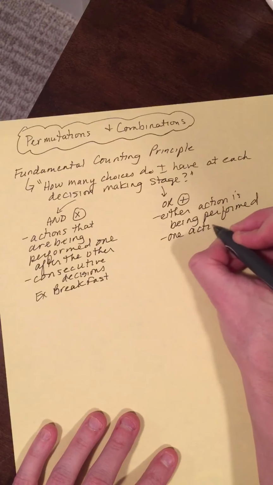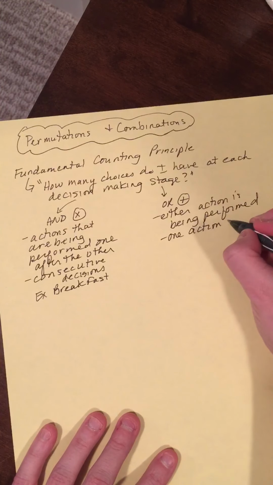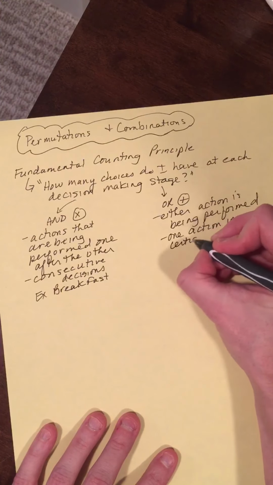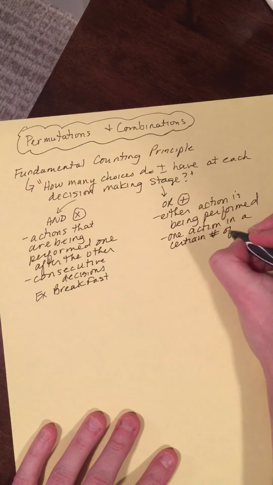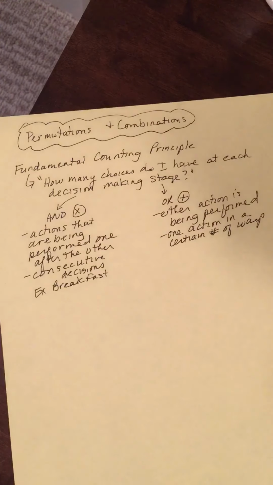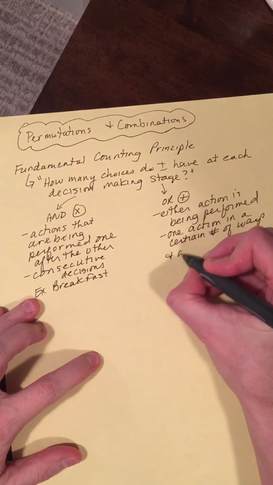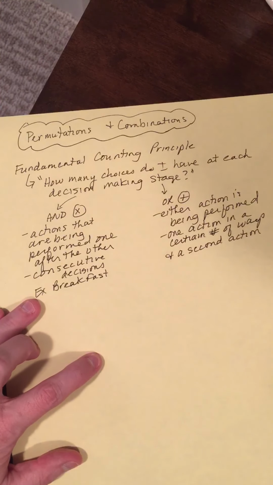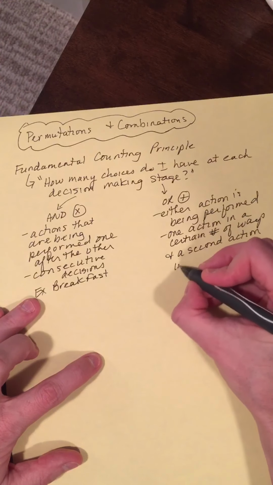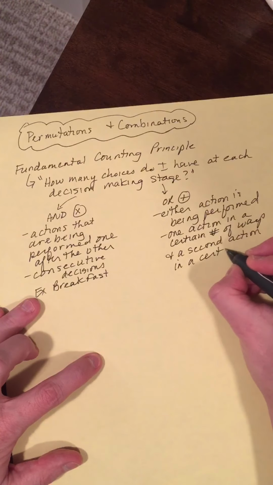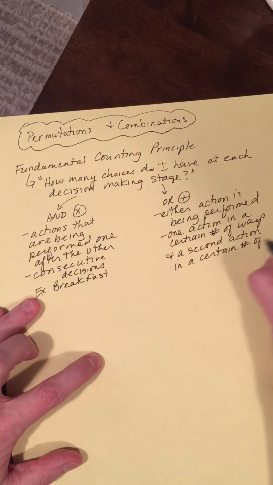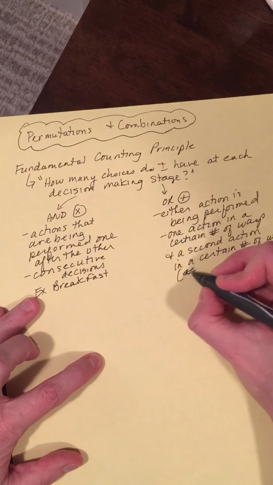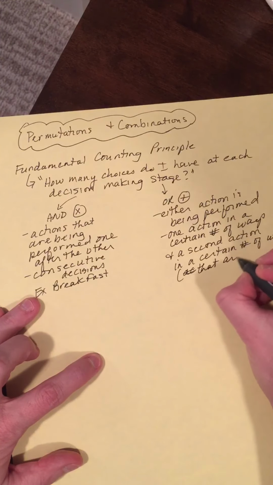One action in a certain number of ways, and a second action in a certain number of ways, that are not dependent.